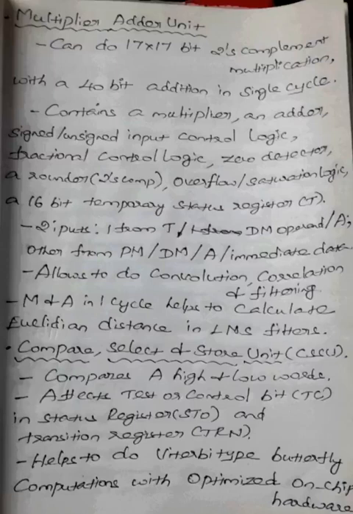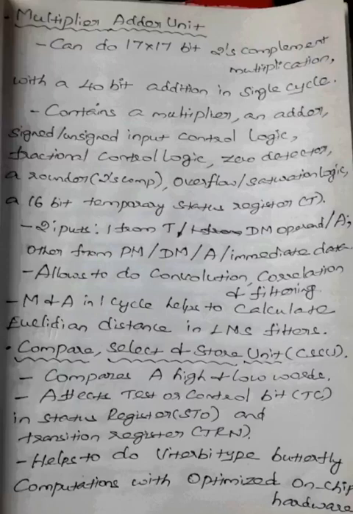And this multiplier adder unit takes two inputs. One input is from the temporary register T or as the operand from the data memory or from the accumulator. Another input is taken from the program memory or from data memory or from the accumulator or as immediate data. This multiplier adder unit allows the digital signal processor C54x to perform operations like convolution, correlation, filtering, etc. This multiplier adder unit in one cycle helps to calculate Euclidean distance in LMS filters.